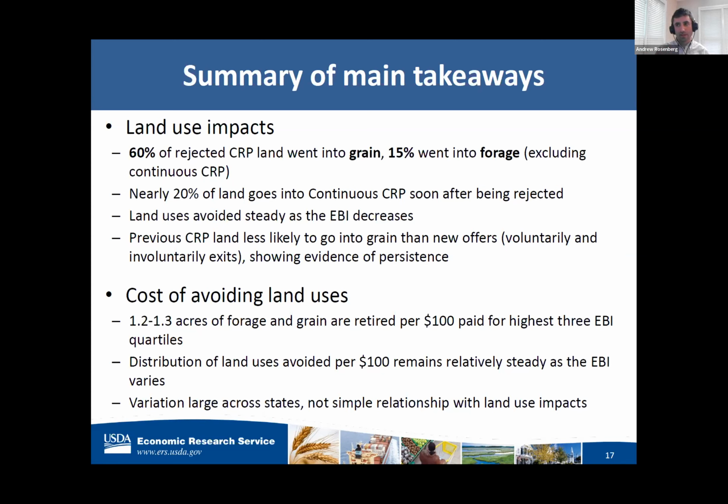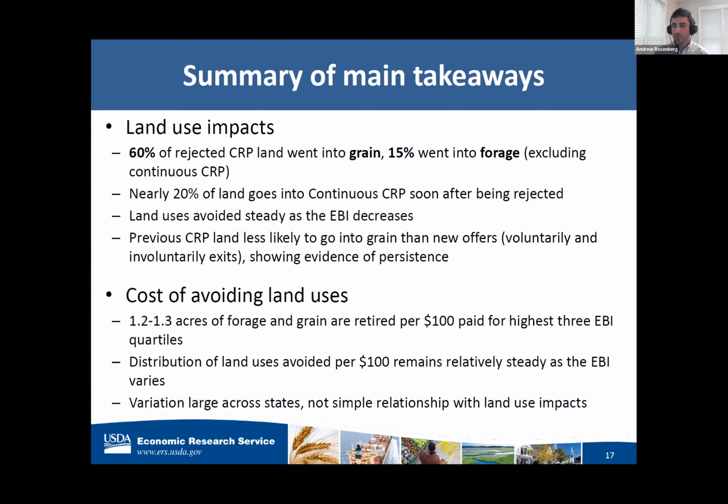And so they're more likely to make an offer. And so if you have really productive land and you also have high environmental sensitivity, you might be less likely to make an offer than if you have less productive land and higher environmental sensitivity. So there might be a correlation because of that. Yeah, that's where I was going.